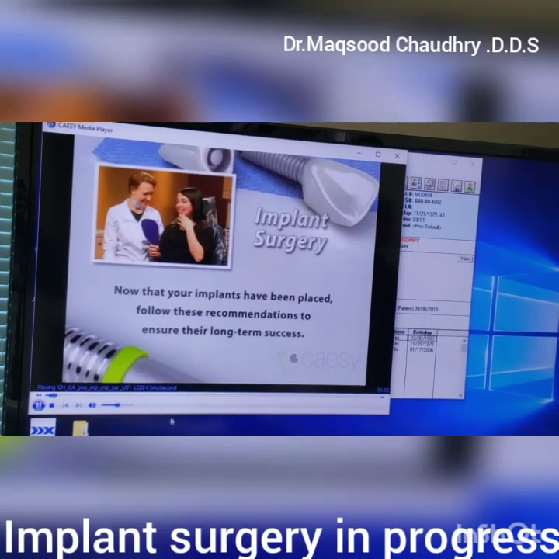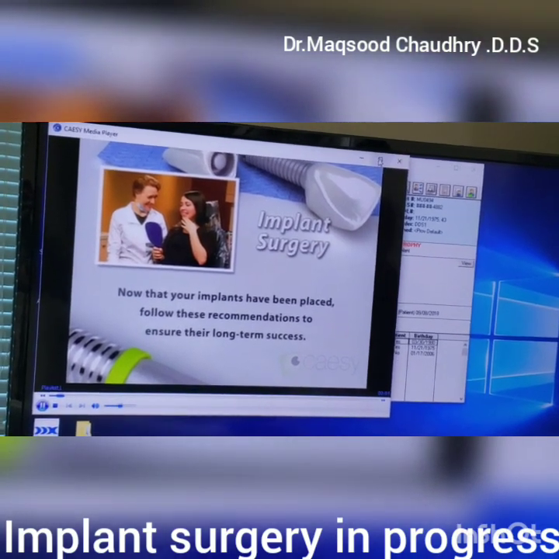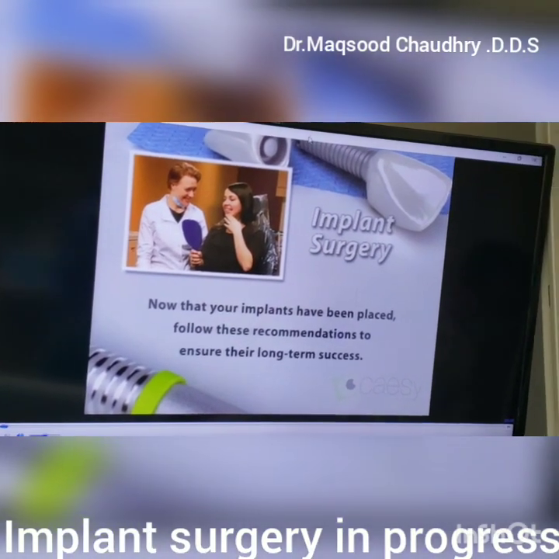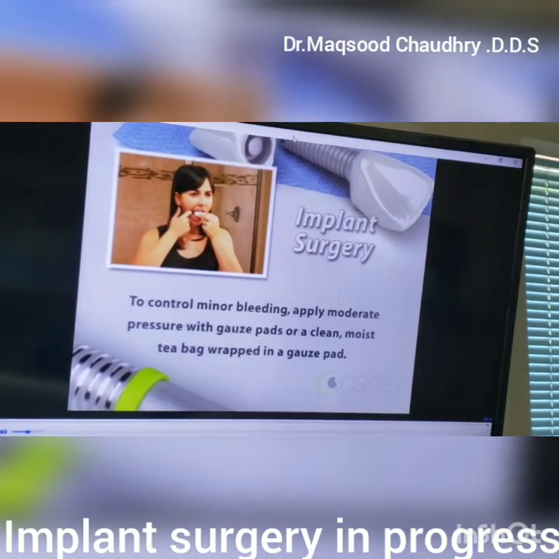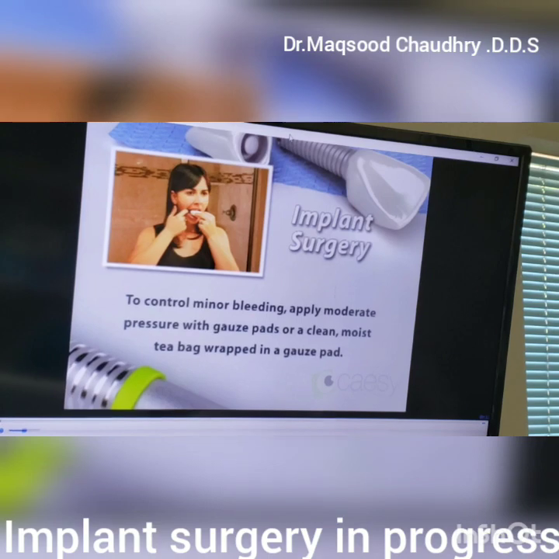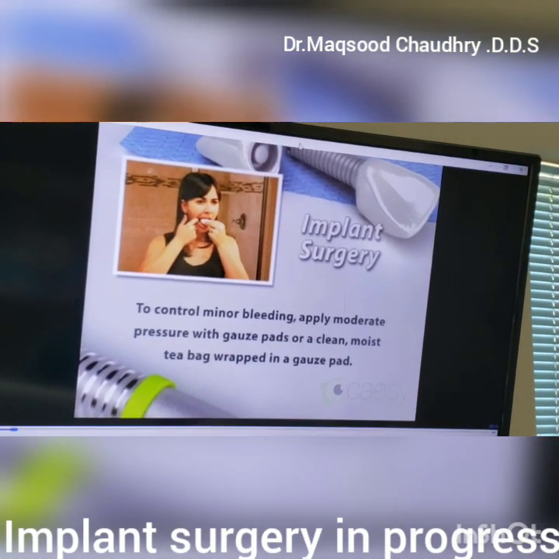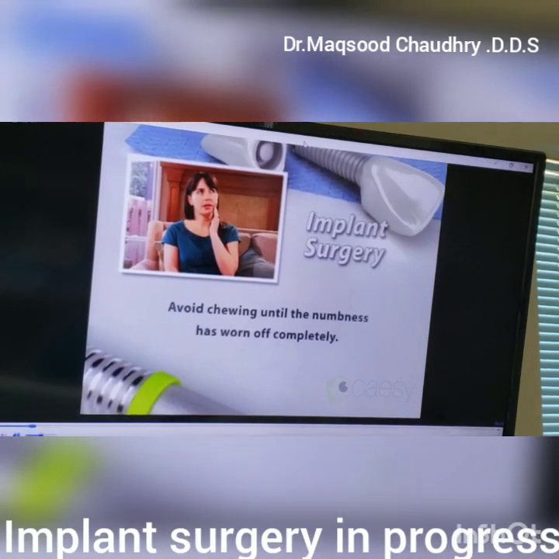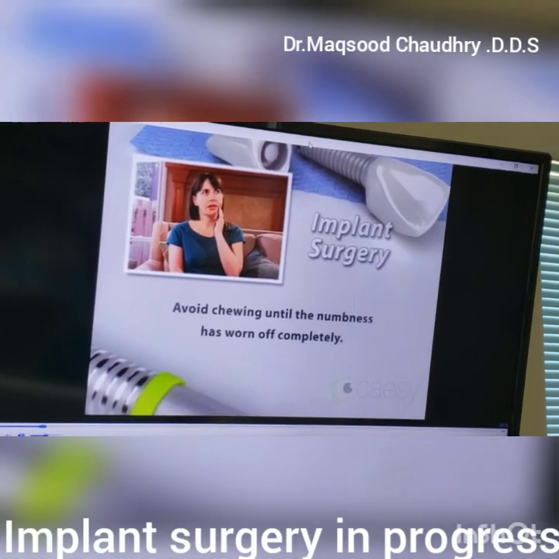Now that your implants have been placed, follow these recommendations to ensure their long-term success. To control minor bleeding, apply moderate pressure with gauze pads or a clean, moist tea bag wrapped in a gauze pad. Avoid chewing until the numbness has worn off completely.